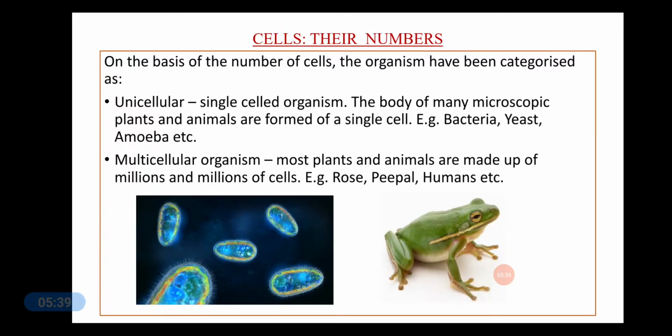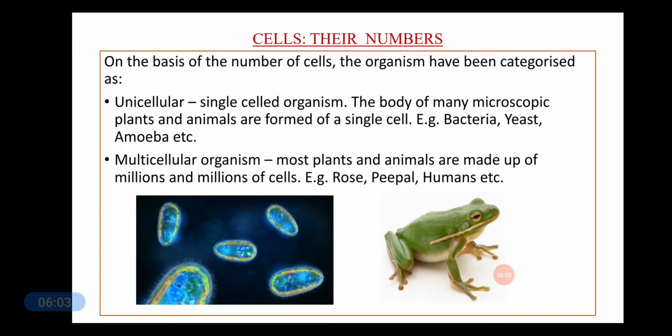Cells, their numbers. On the basis of the number of cells, organisms are divided into two categories. First, the unicellular organisms. What do you understand by unicellular? Uni means one, that is, organisms which are made up of only one cell.